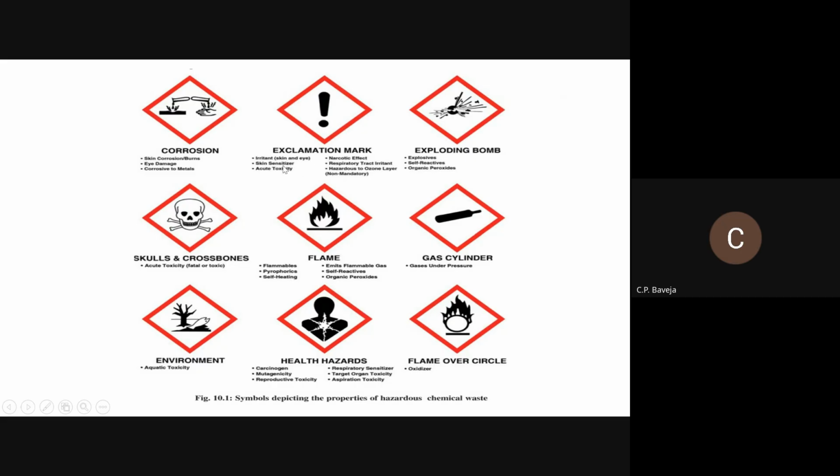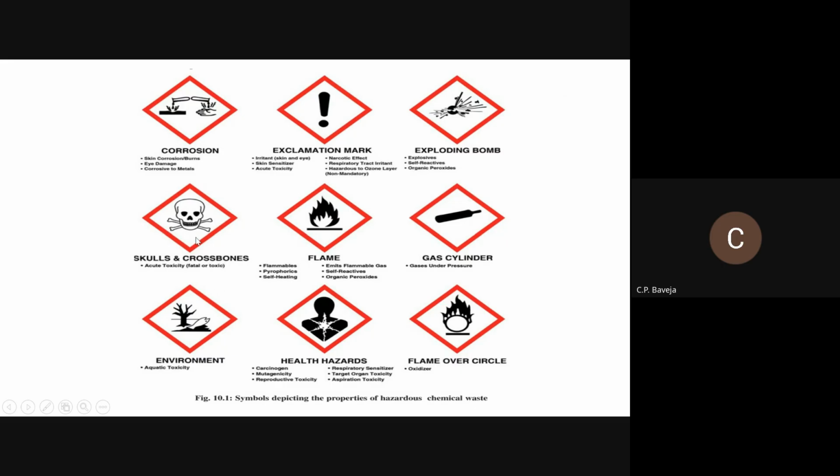This exclamation mark means it's an irritant: skin, eye, and skin sensitizer. Exploding bomb: it can explode, it is explosive. Flame: flammable. Gas cylinder: compressed gas. And skull and crossbones is for acute toxicity.